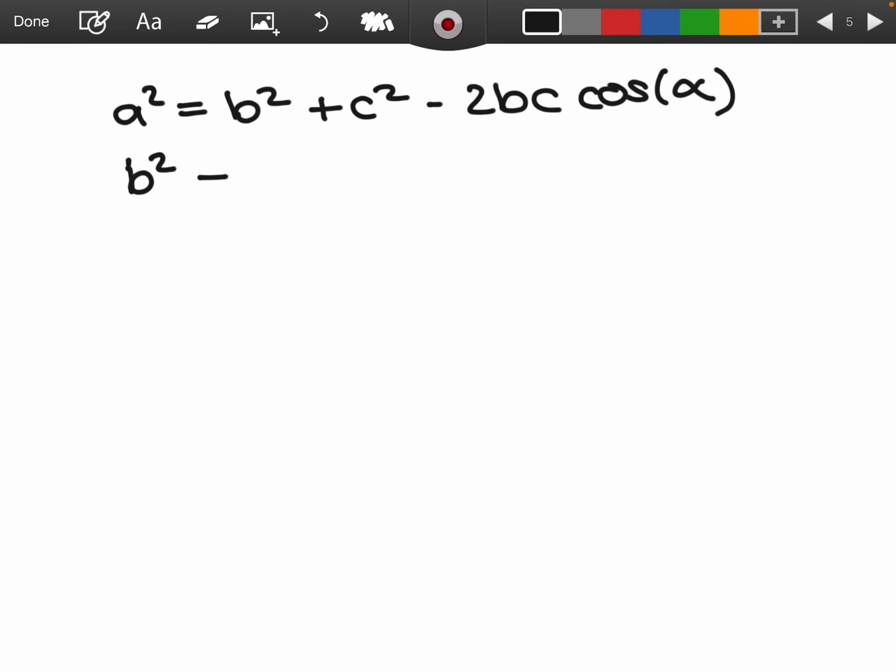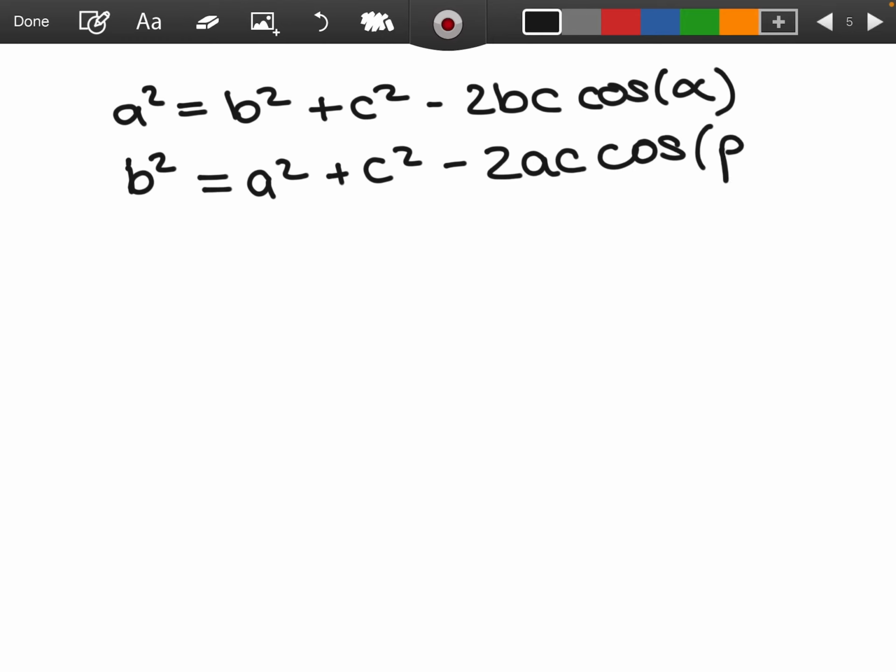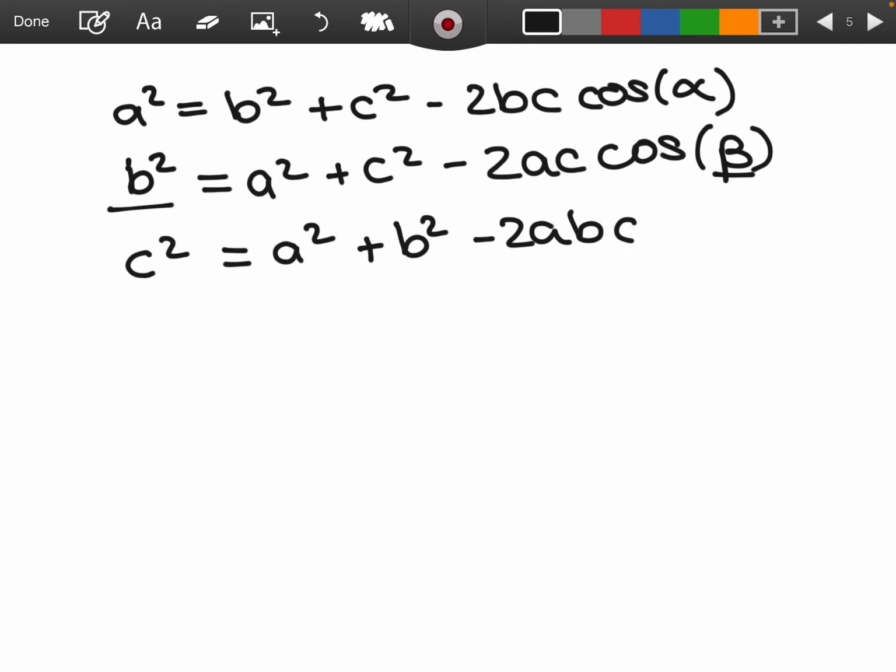So I can also say that b squared is equal to a squared plus c squared minus 2ac cosine of beta, which is, again, this angle is opposite this side. And c squared is equal to a squared plus b squared minus 2ab cosine of gamma.